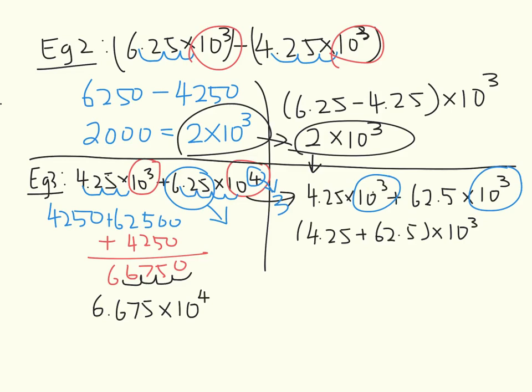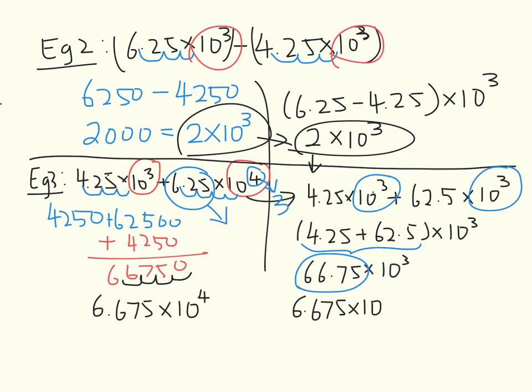So now I will add these two numbers and I will end up with 66.75 times 10 to the third power. So in this case, my coefficient is not in scientific notation. I need to rewrite it such that I end up with 6.675 times 10 to the power of 1.